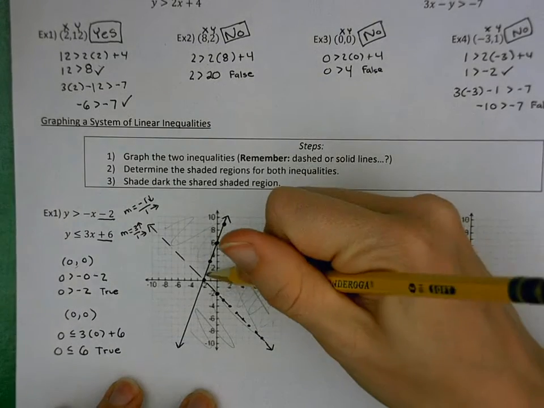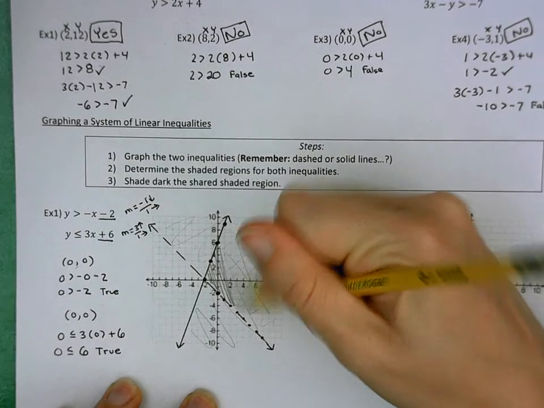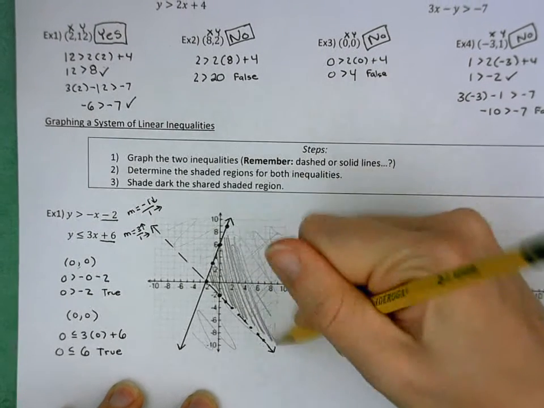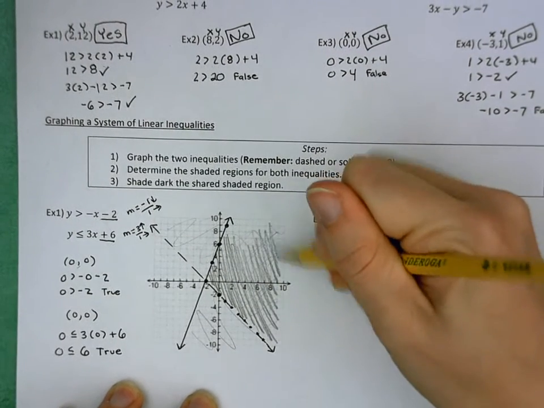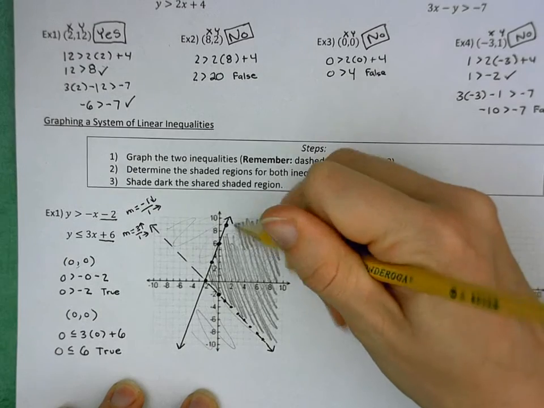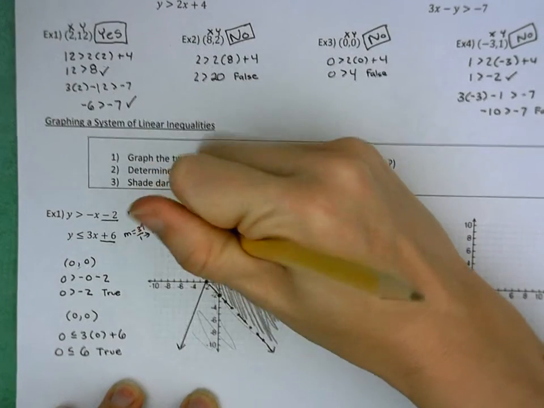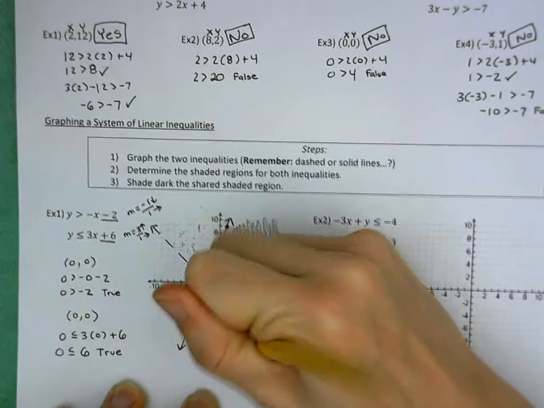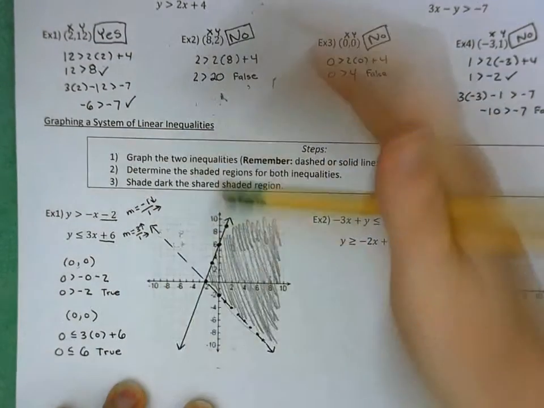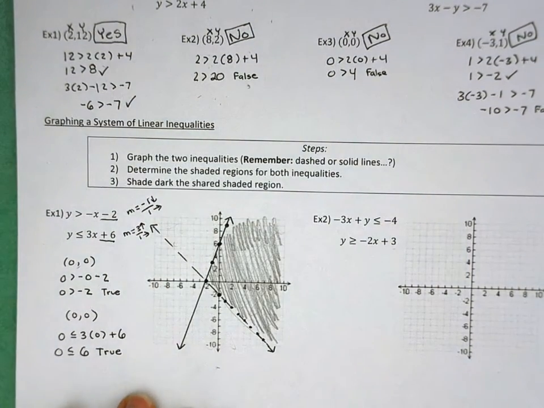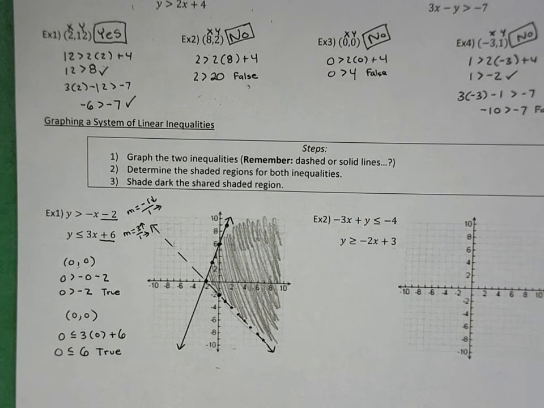And so this is the part that I'm going to make sure is really clear is my solution. Okay, and so you're going to shade that in really dark. Then we're going to erase the other two just to make sure there's no confusion from anyone looking at our work, so that it is clear to them exactly what we want our answer to be. Okay, that's our shared shaded region.